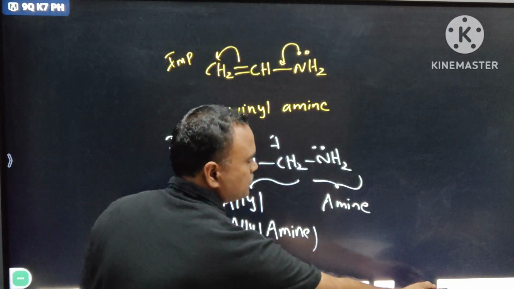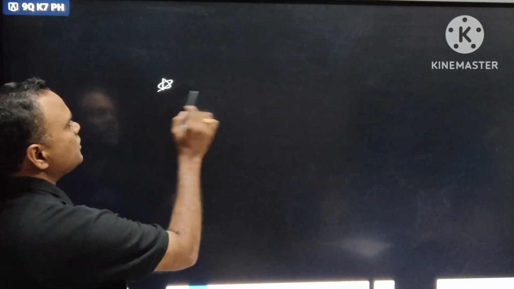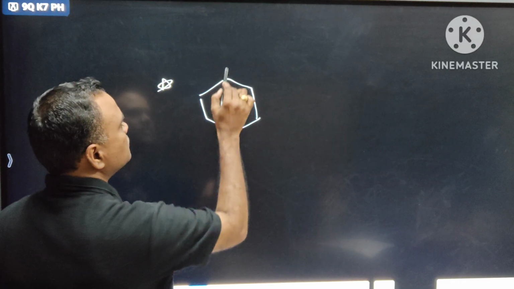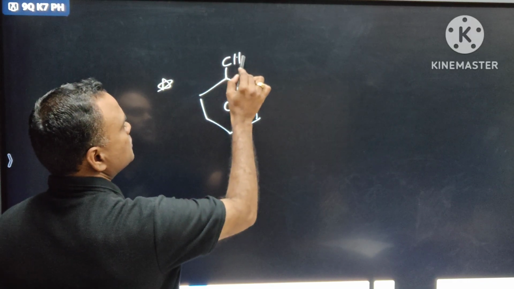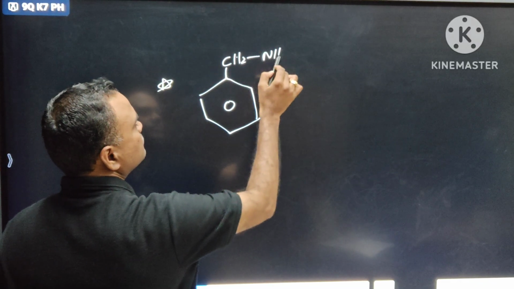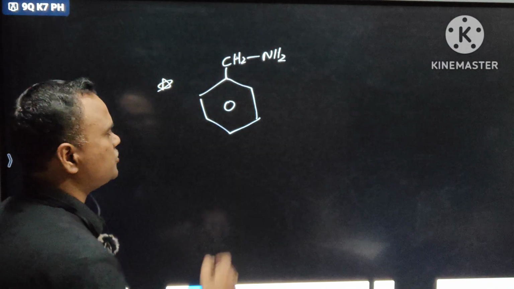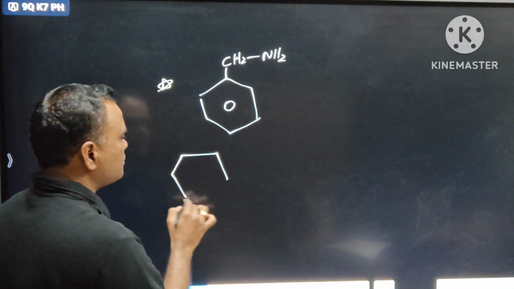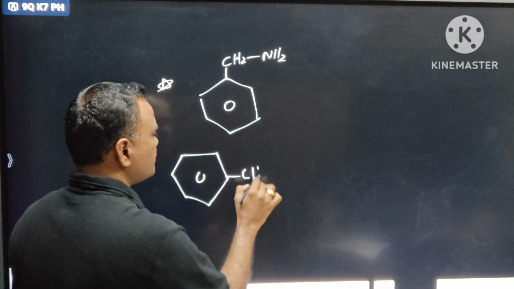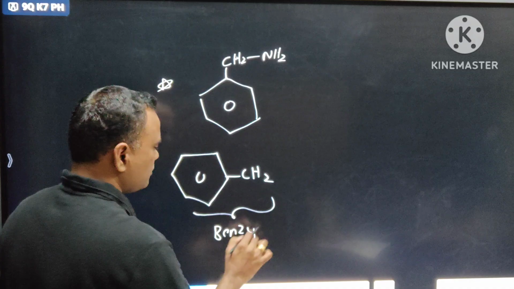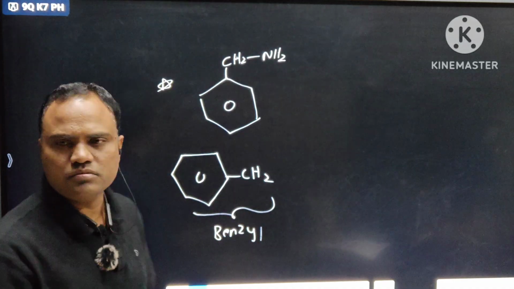Next important one is benzyl amine. Benzene with CH2 is called the benzyl group. In the first chapter I also gave this.